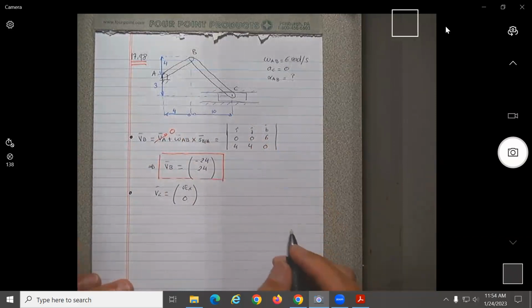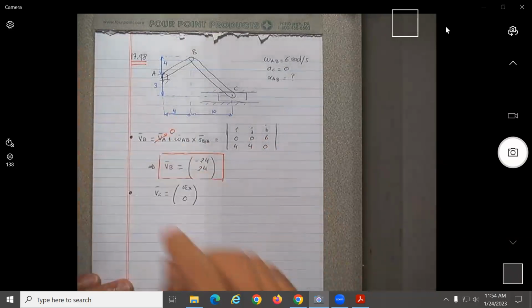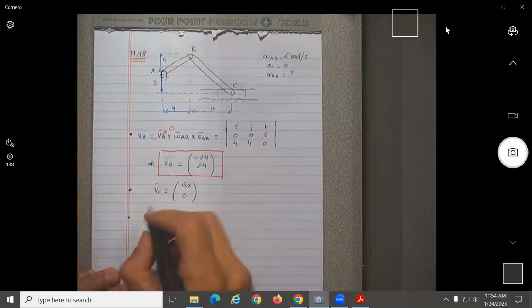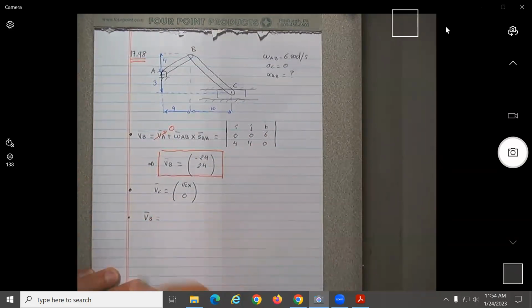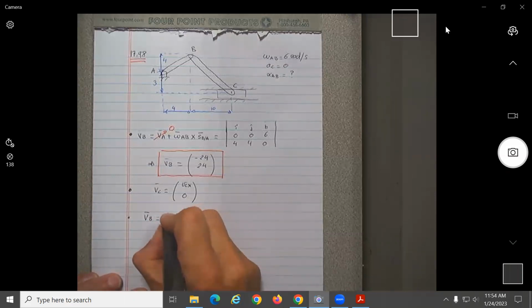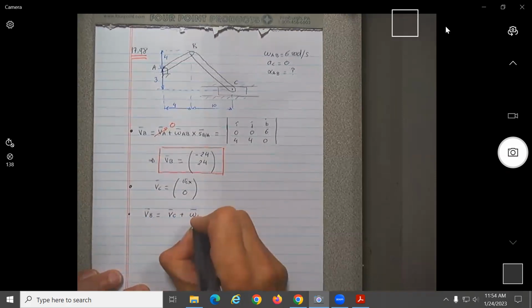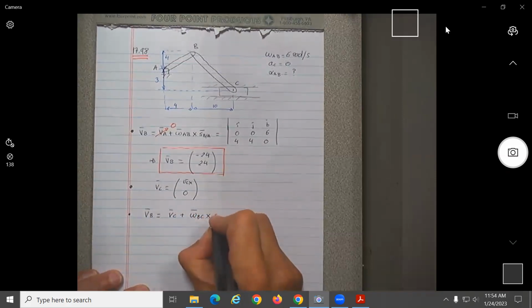So now, if we calculate the velocity of point B from point C, we can write down what? VC plus what? Omega of the bar BC cross what?